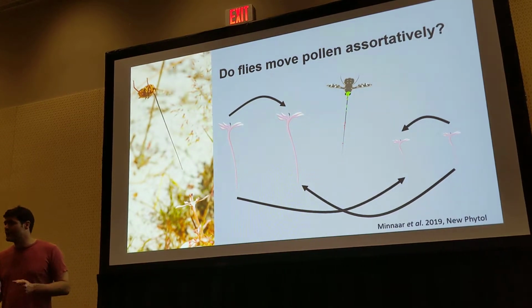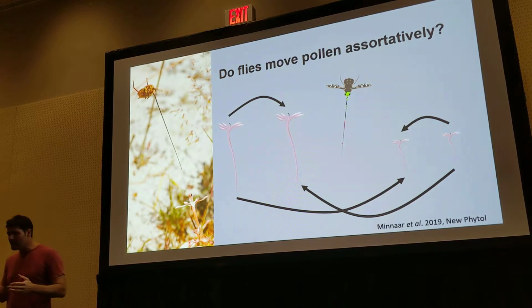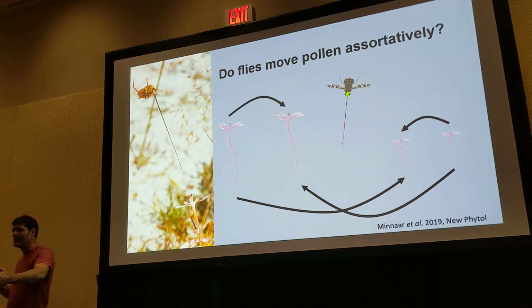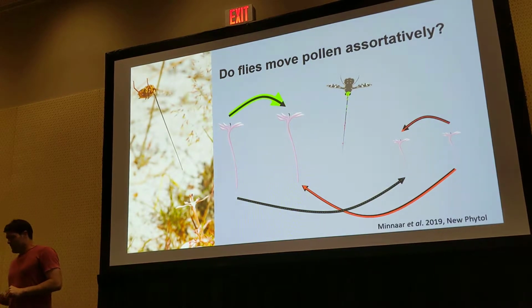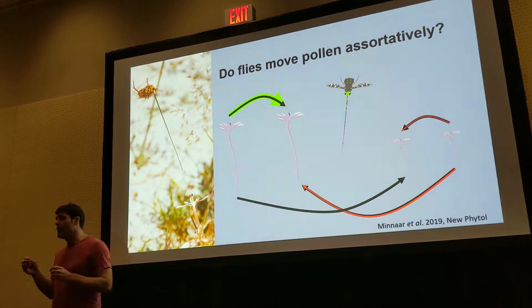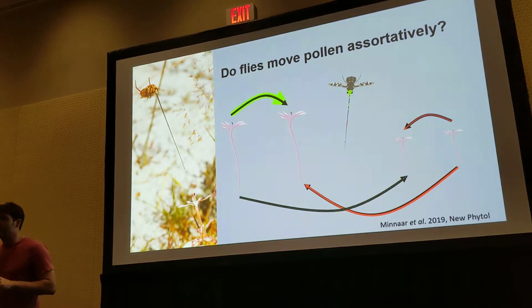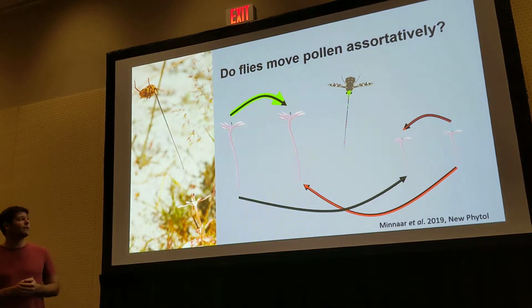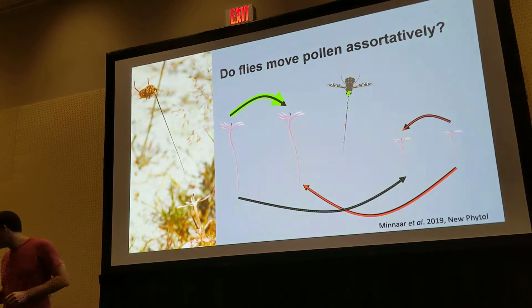But once we had collected those data, we then harvested the stigmas of those flowers, looked at the pollen grains and had a look to see how many grains had been moved. So using those data, we were able to model pollen movement under conditions of completely random foraging and under equal morph ratios. And these are the results we got.